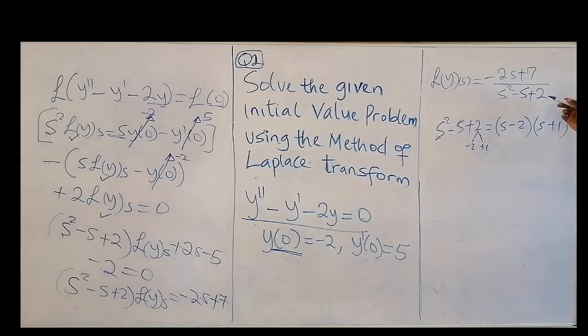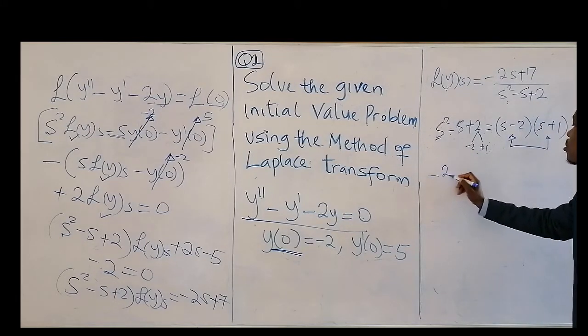The denominator can be expressed as a product of two linear factors. And then if you check, you realize that the numerator is of power 1 and the denominator is of power 2. So in that case, that calls for partial fraction. Before we can find the inverse Laplace, we need to do the partial fraction aspects.